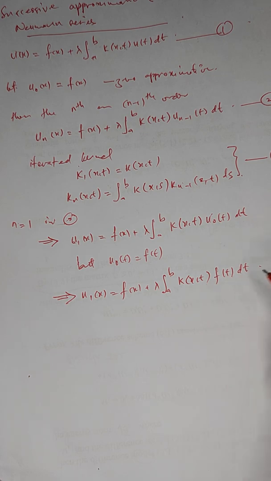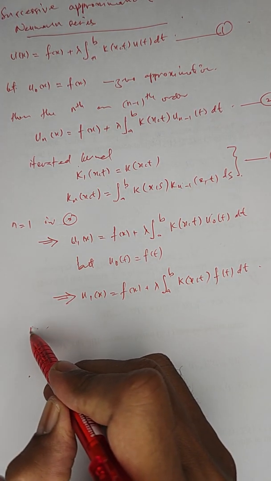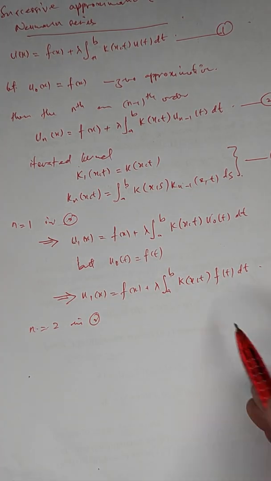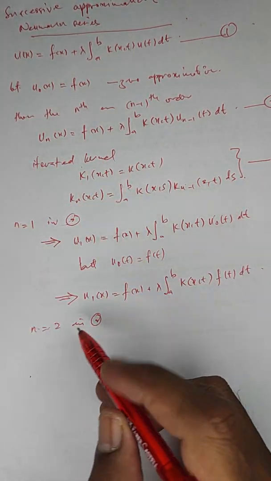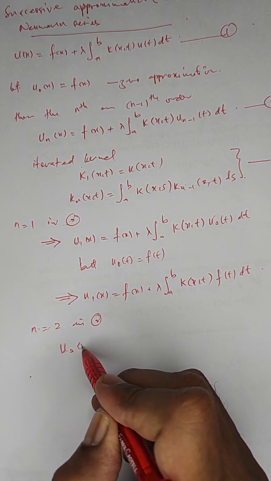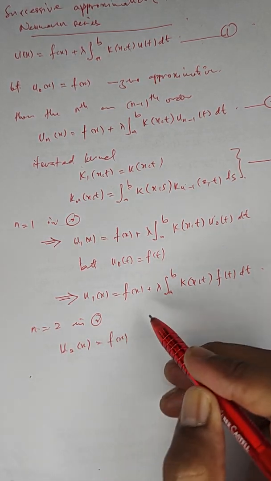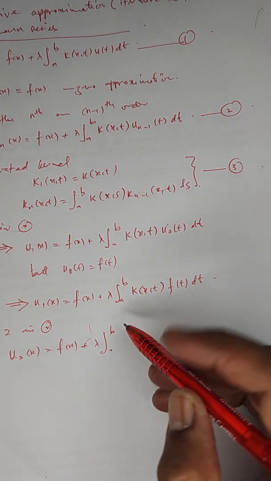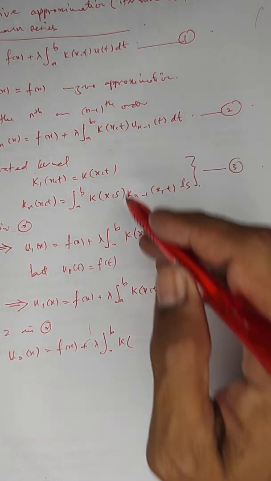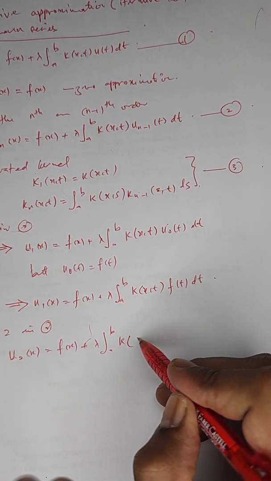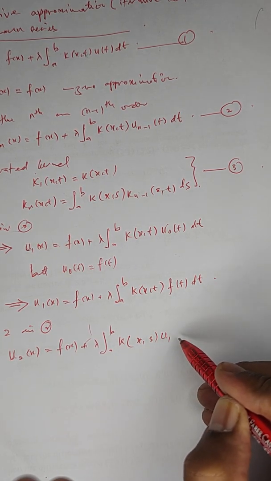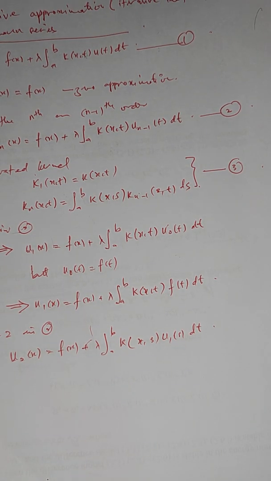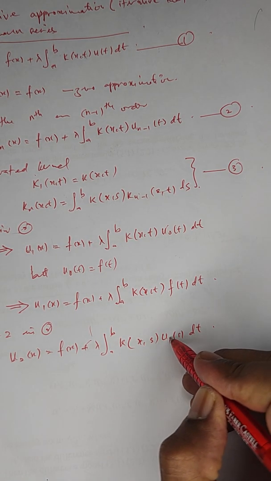Then for the second order approximation, we take n = 2 in equation 2. We have u2(x) = f(x) + lambda integral from a to b of K(x,s) u1(s) ds.